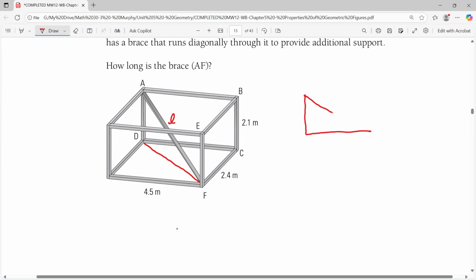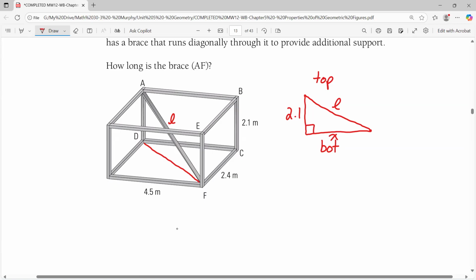There's the piece going down. So this is the top and this is the bottom of the box. The box is 2.1. This is the length of the truss piece. And then we need to know from corner to corner. So we don't know this piece.